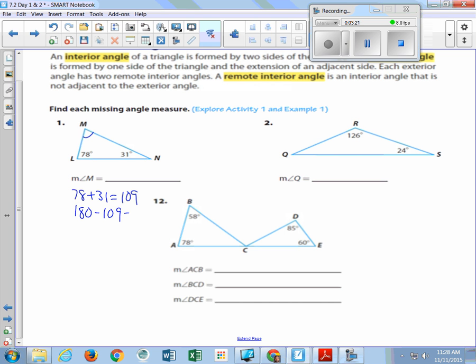That should give us 71 degrees. Okay. One more like this. 126 plus 24 equals 150. Subtract 150 from 180. Get 30. So our answer is 30 degrees.